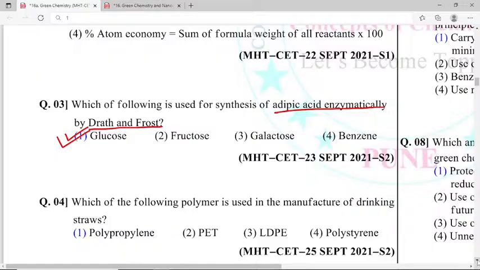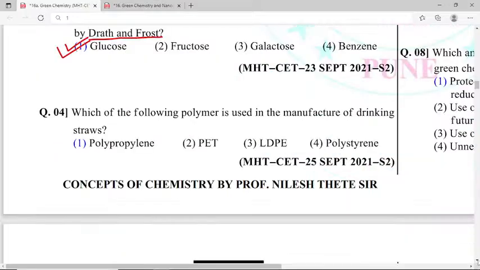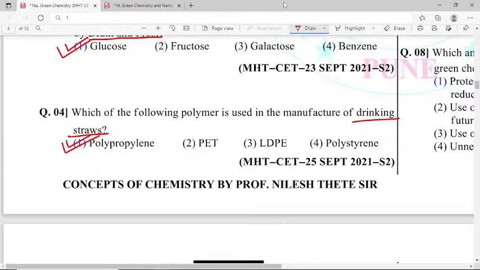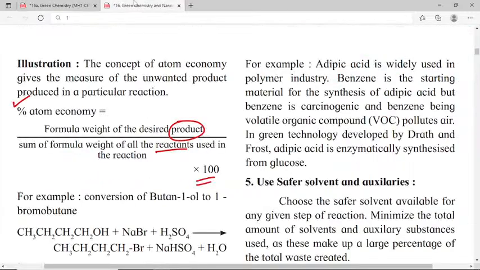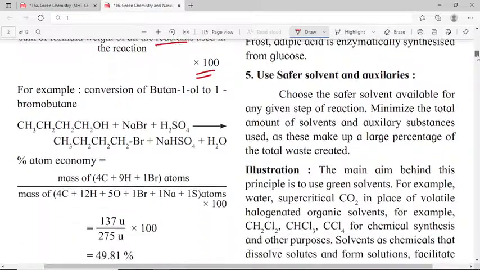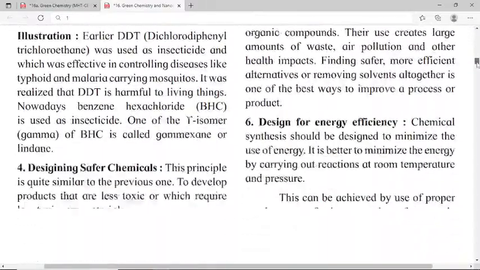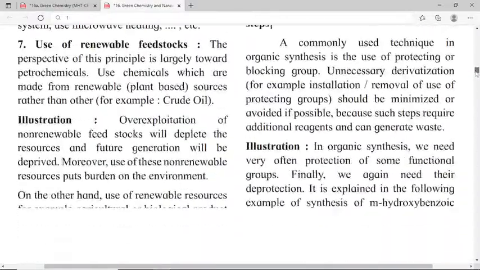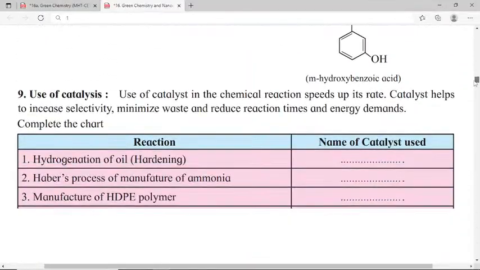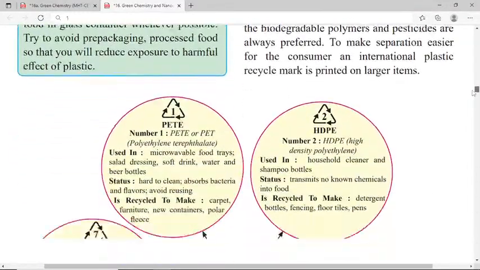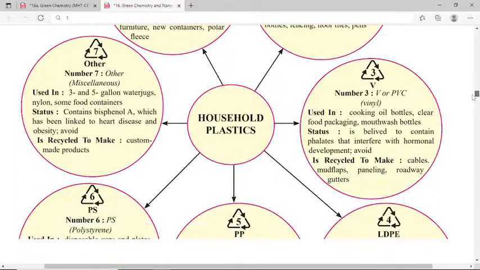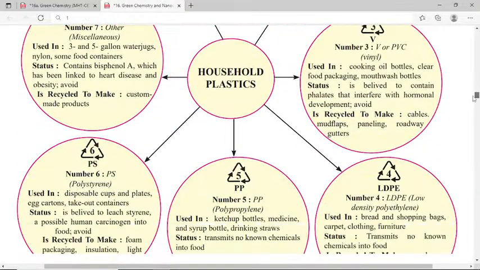Next question: which of the following polymers is used in the manufacture of drinking straws? Drinking straw is made from polypropylene. Please open the textbook, I am showing here where the question came from.